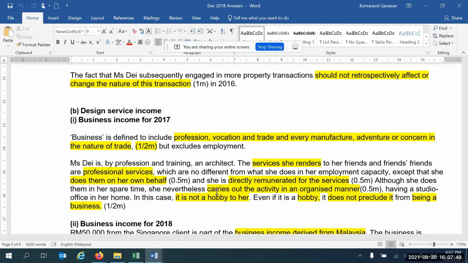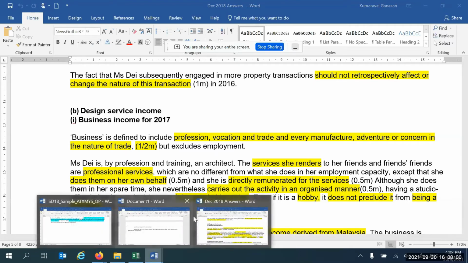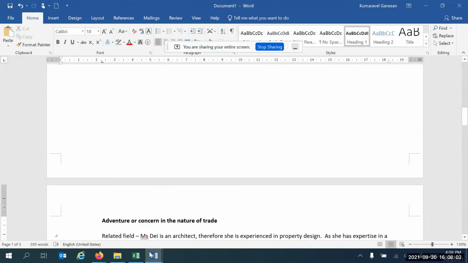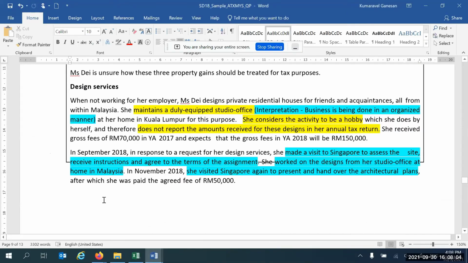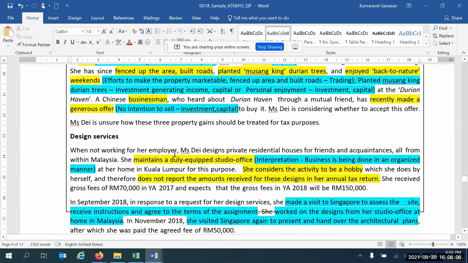Number one, they are arguing that she's being paid money for it. And then she's doing it in an organized manner. How do I know she's being paid money for it? Because she's received income, this is very indirect.